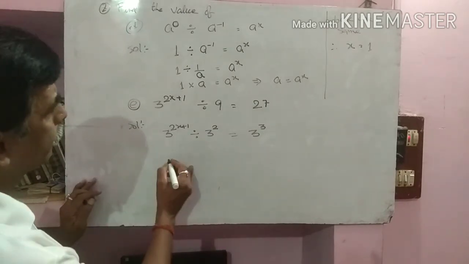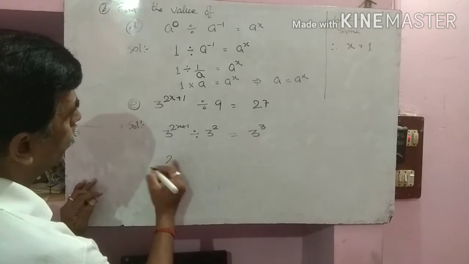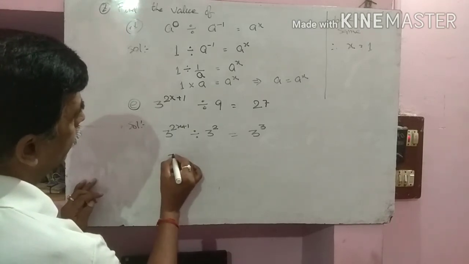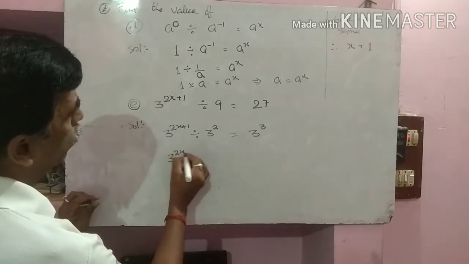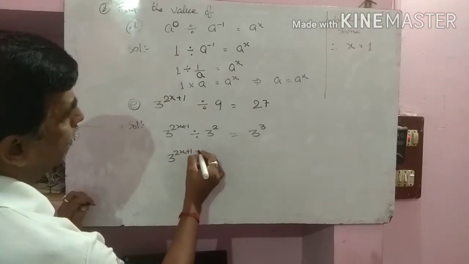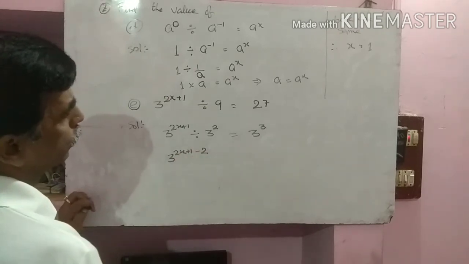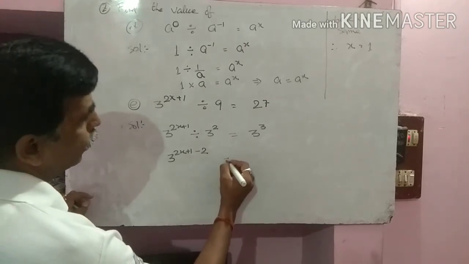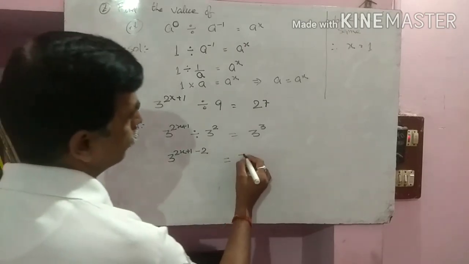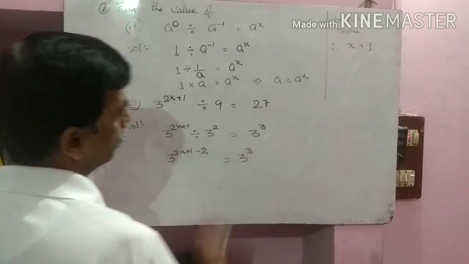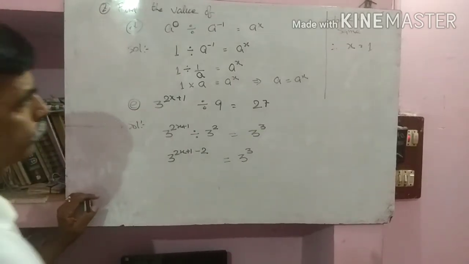So what do we get? 2x plus 1 minus 2 is equal to 3 to the power 3.